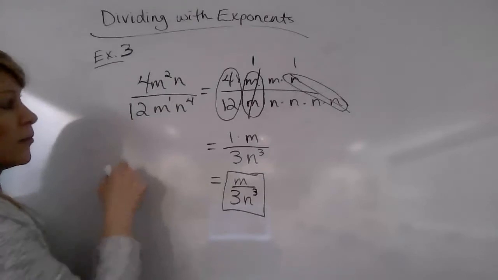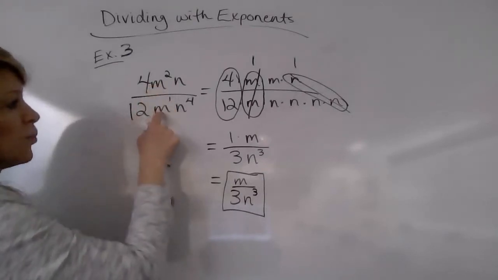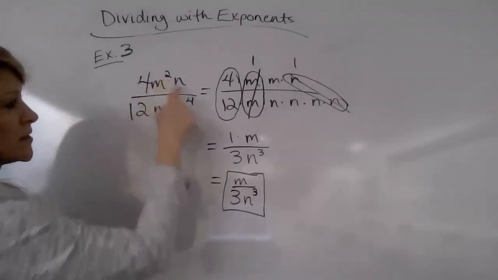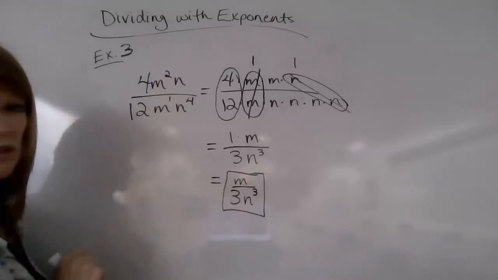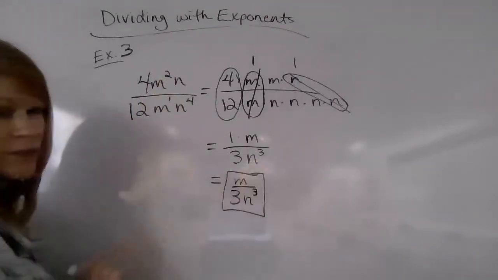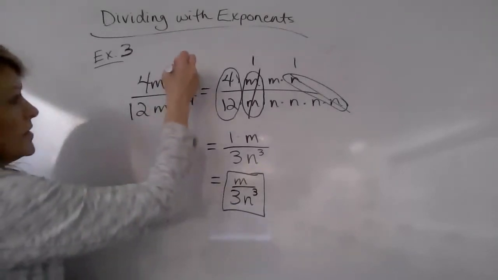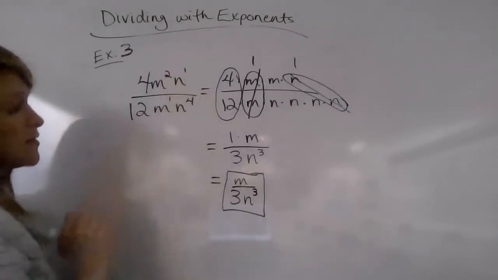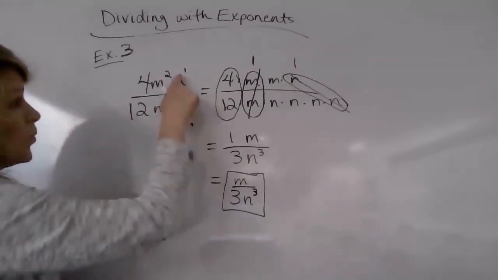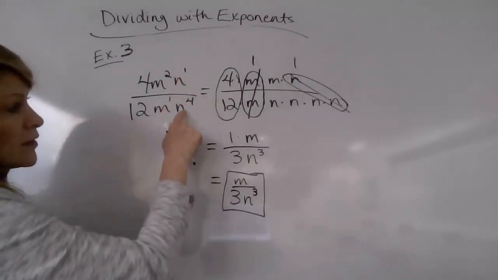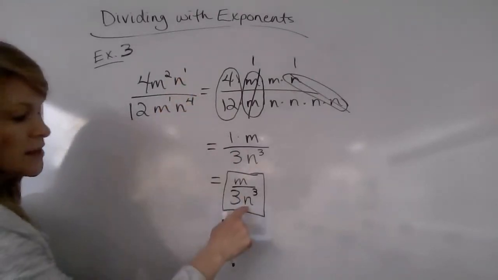Where are there more m's? On top. This 1m cancels out one of these m's, leaving us with m to the 1st in the numerator. And we don't write that 1st power because it's extra. We don't need to. We have n to the 1st in the numerator and n to the 4th in the denominator. This 1n cancels out one of these, leaving 3 in the denominator, n to the 3rd power.